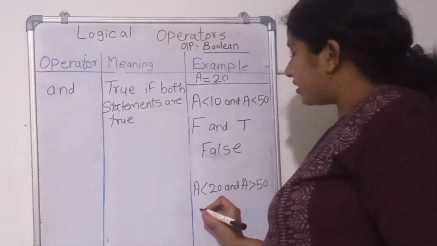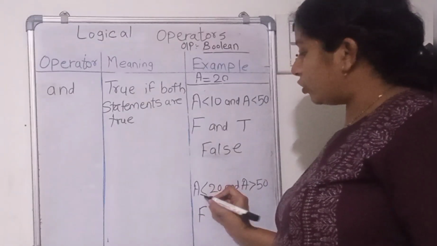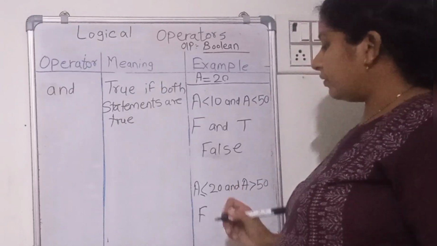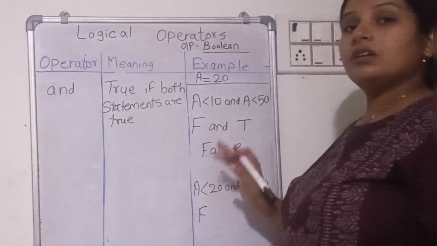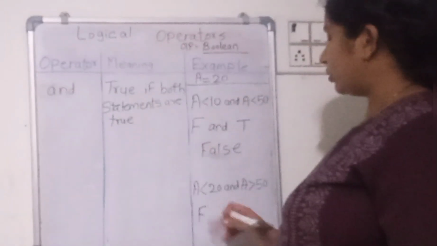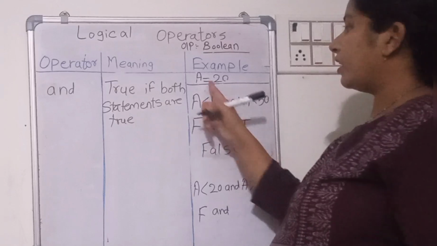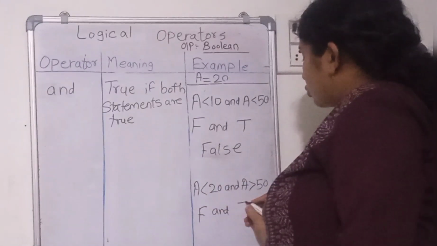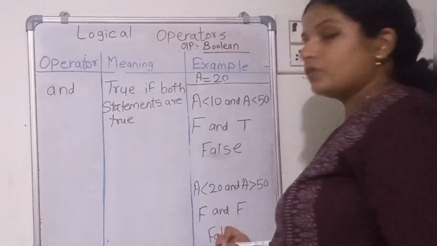So technically this output is false, because if we were using the equal to sign here, then we could say yes, this will be true, but we are using this less than sign only, so here false. And a is greater than 50, a is 20, is also false, so false and false, our result is false.